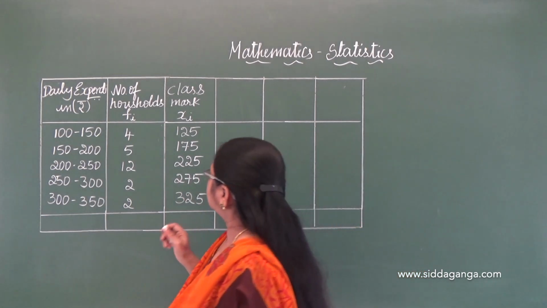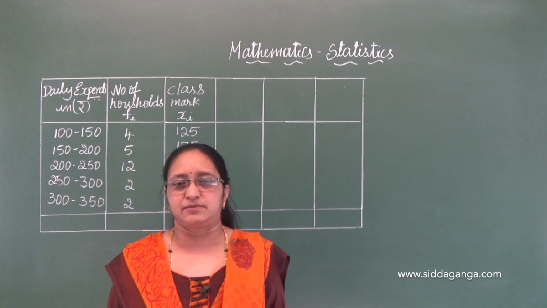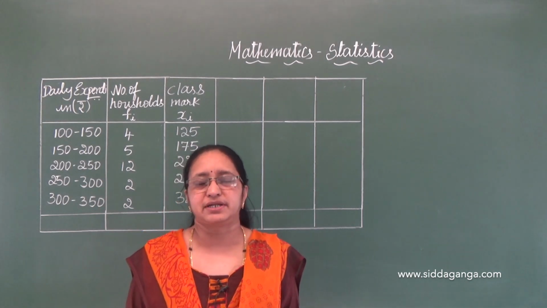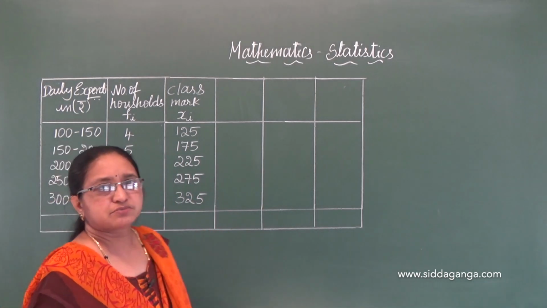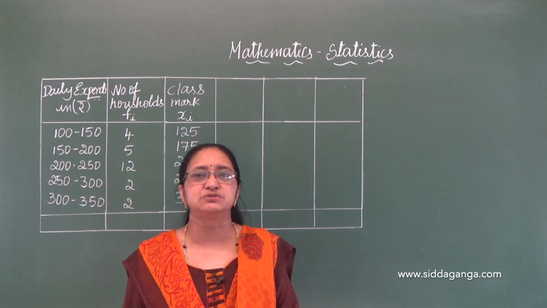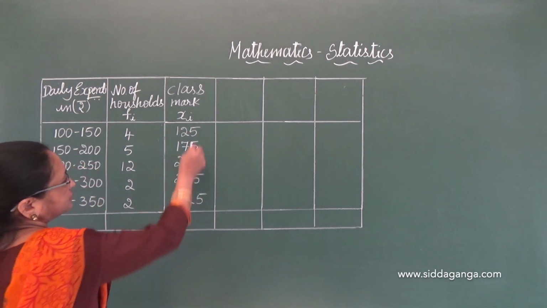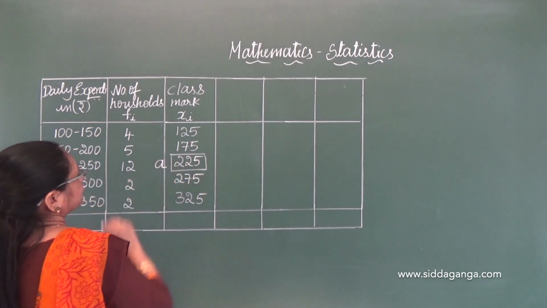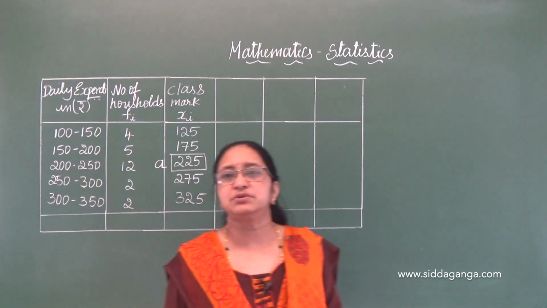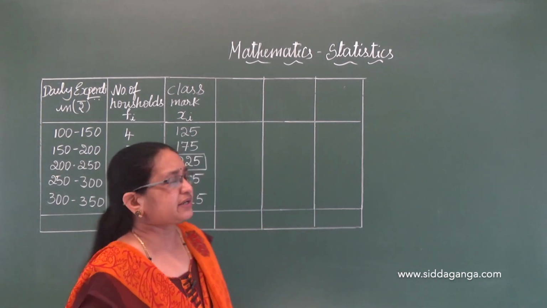Okay. So now we have Xi, and what is the next step? Next step is deviation. So Di, we are going to find out Di. Before that we are going to assume a mean. Here the middle one is 225. So this is A for us, that is the assumed mean. So A is 225.